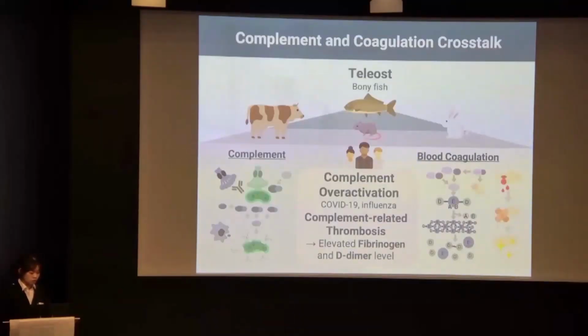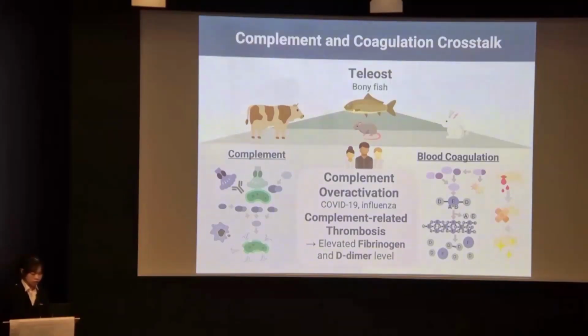So the two innate systems, complement and coagulation, are thought to share a common evolutionary origin. Recently, this has gained much attention, especially in COVID-19 and influenza, where these infectious diseases are often related with complement overactivation and thrombosis.